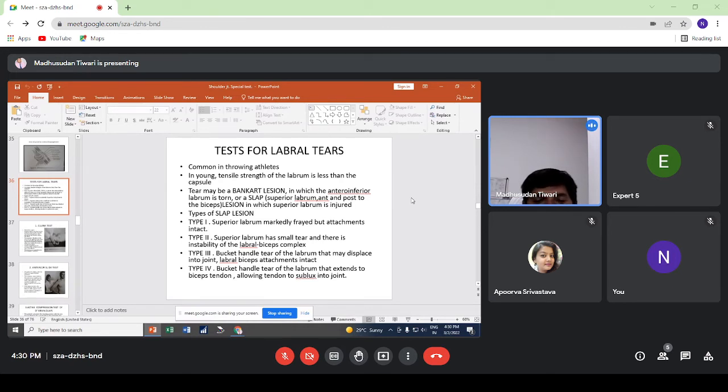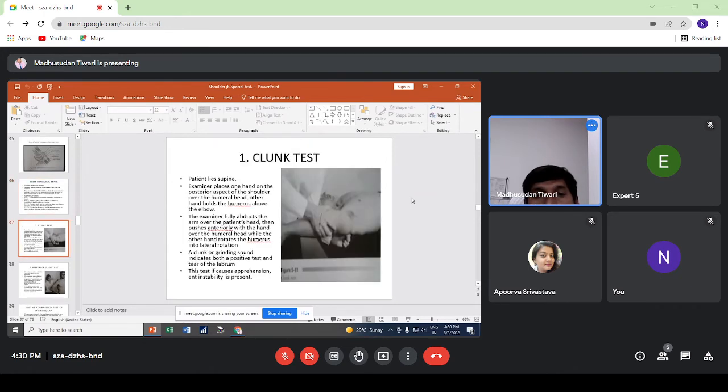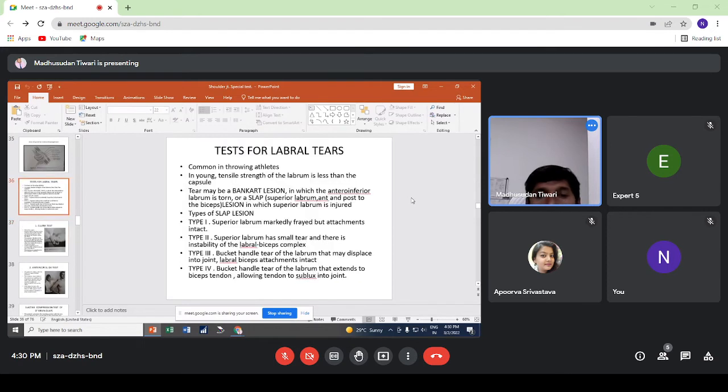Type 3 is a bucket handle tear of the labrum that may displace into the joint, labral biceps attachment intact. Type 4 is a bucket handle tear of the labrum that extends to the biceps tendon, allowing the tendon to sublux into the joint. So these are the four types of the labral tear.